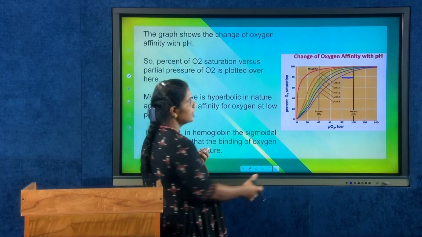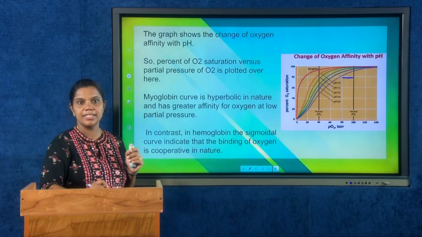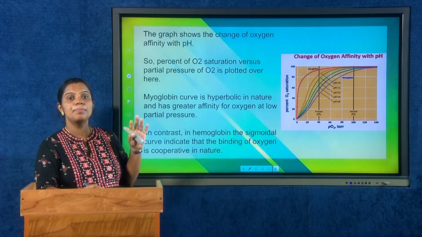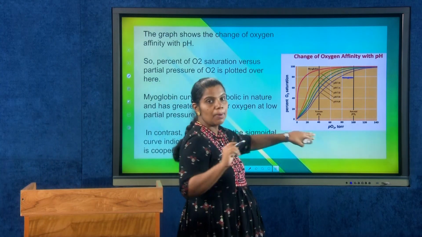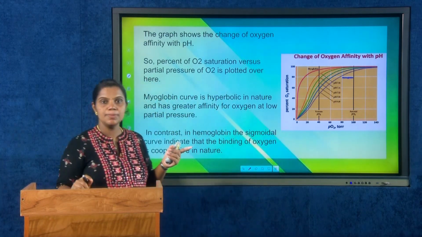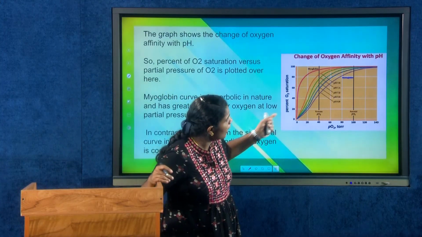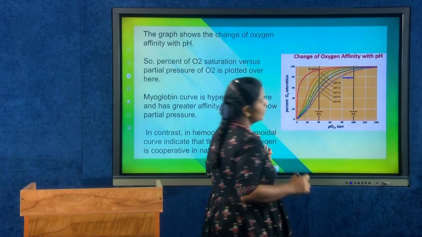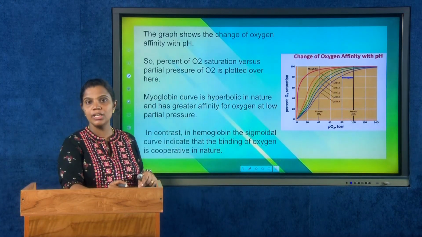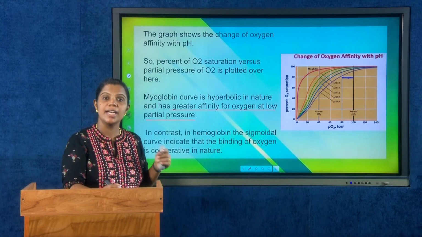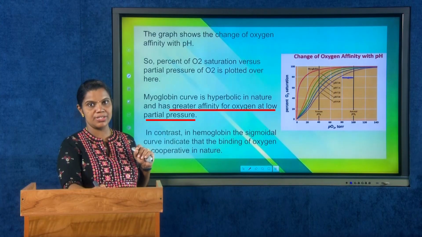Here you can see a graph. It shows the change of oxygen affinity with pH. We can see that the percent of oxygen saturation versus the partial pressure of oxygen is plotted here. The myoglobin curve is actually hyperbolic, and this nature of the curve is due to the fact that it has greater affinity for oxygen at lower partial pressures.